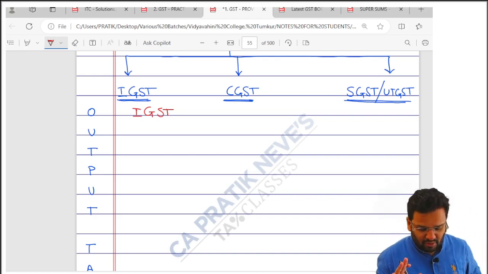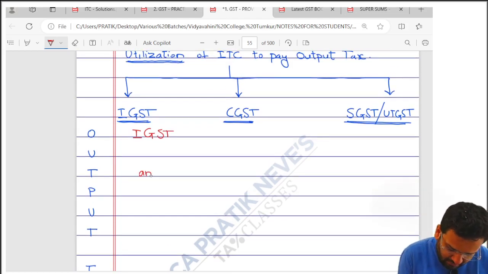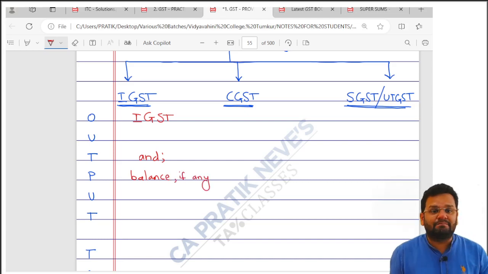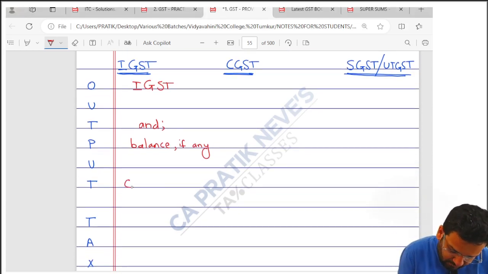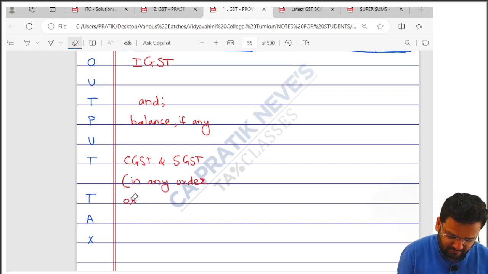So first use ITC of IGST to pay output tax of IGST, and there could be a balance. If there is any balance of ITC of IGST, use it to pay output tax of CGST and SGST, in any order and in any proportion.